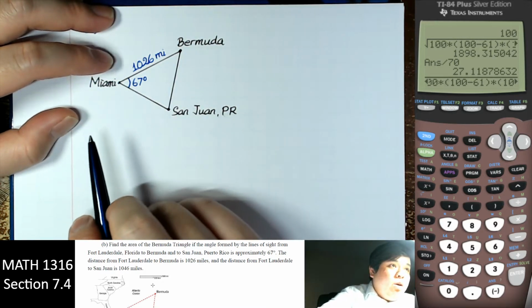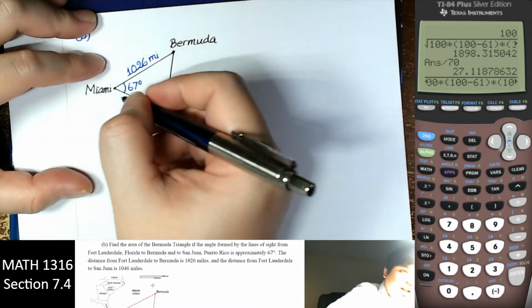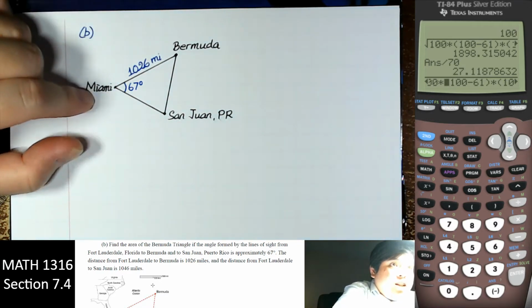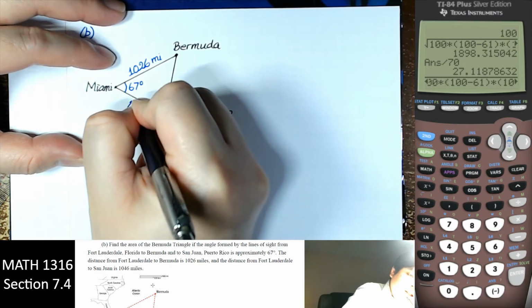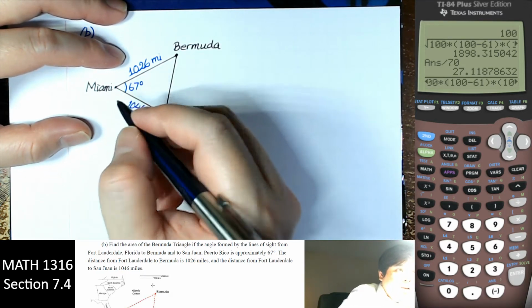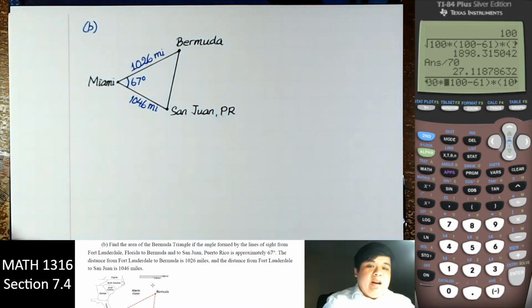And the distance from Fort Lauderdale to San Juan is 1046. Now we're trying to find the area.